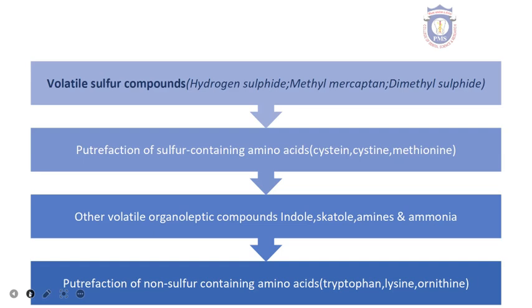And there are other volatile organoleptic compounds like indole, skatole, amines, and ammonia, which are formed from non-sulfur-containing amino acids such as tryptophan and lysine.